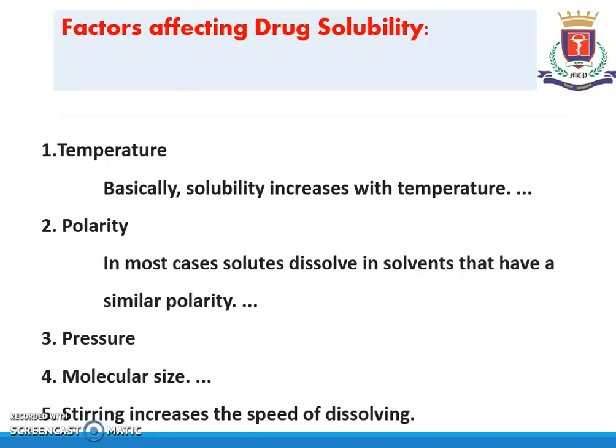So polarity is also important in the solubility property of a drug. Then the next important factor is pressure. Then molecular size, obviously, and the mechanical things which we are using, like stirring. So this will increase solubility.